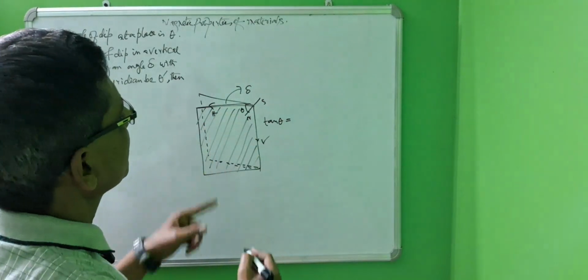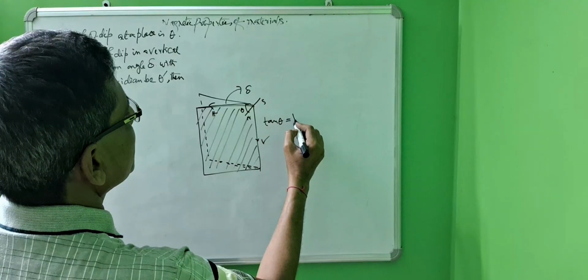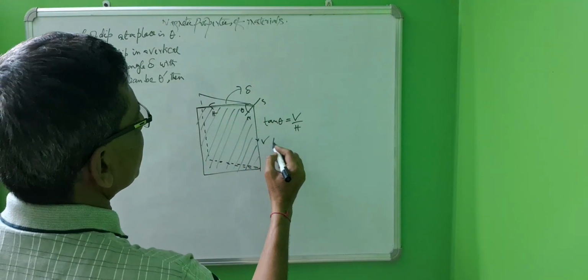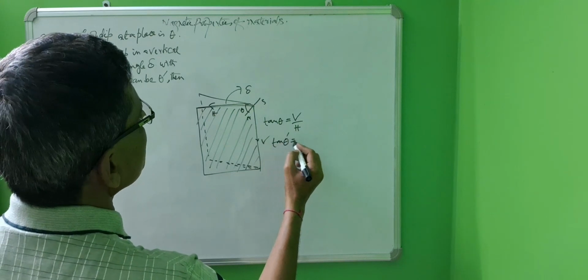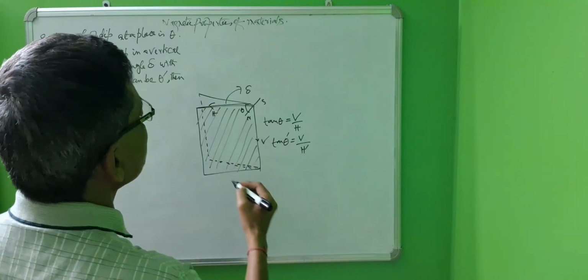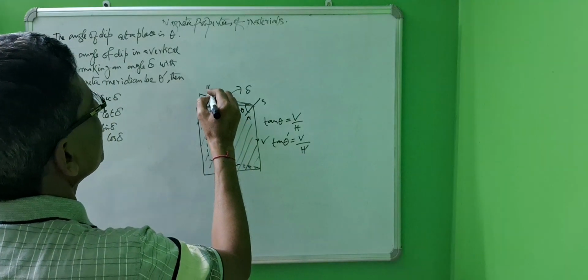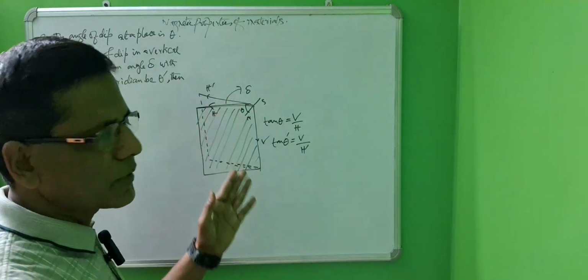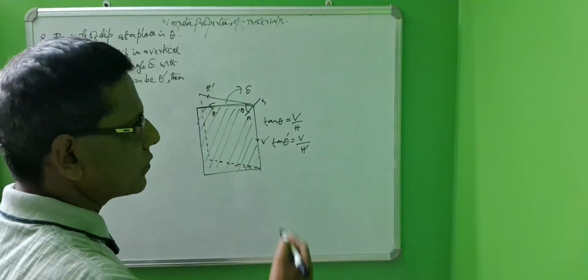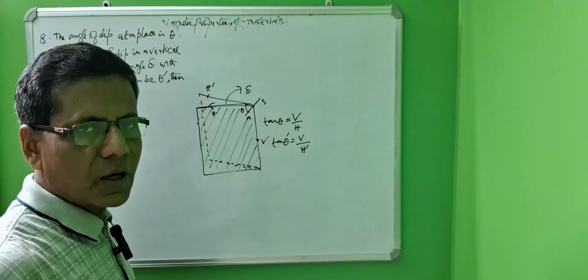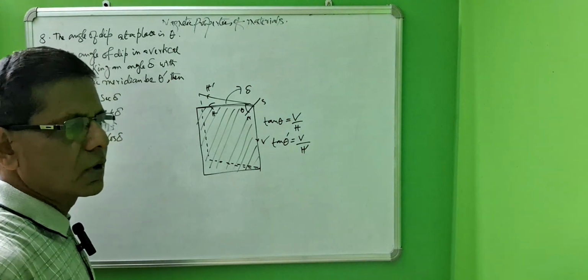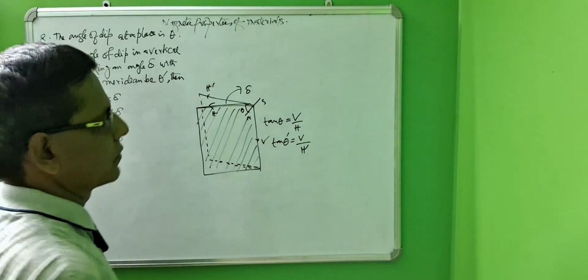And tan theta dash equals V upon H dash, because V will remain the same but H dash will be the new horizontal component of the Earth's magnetic field.